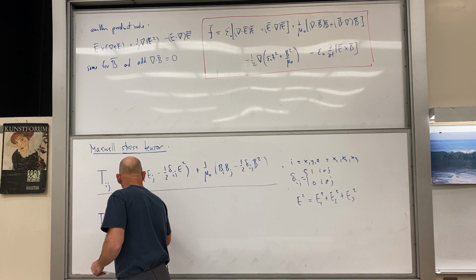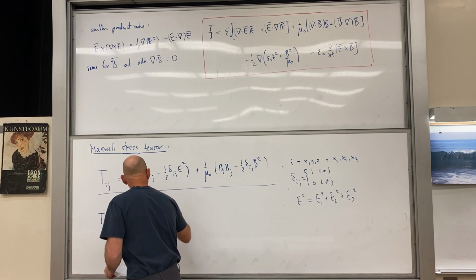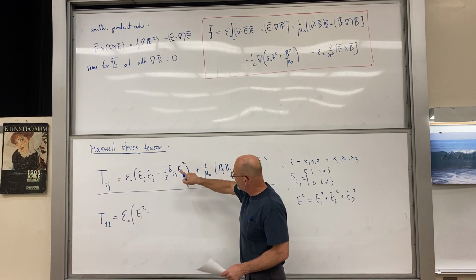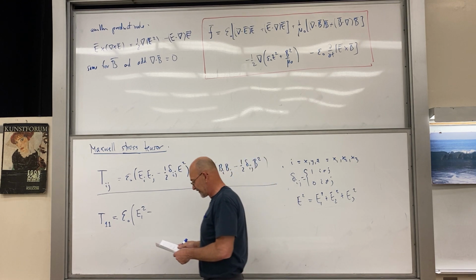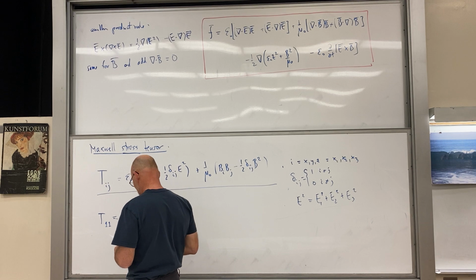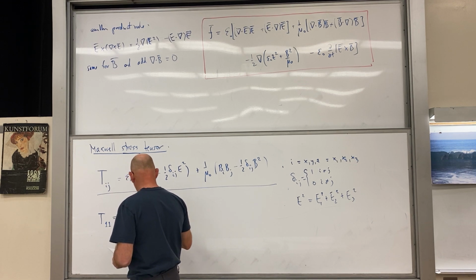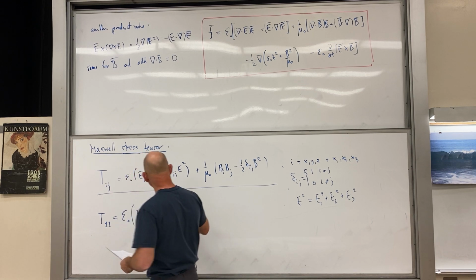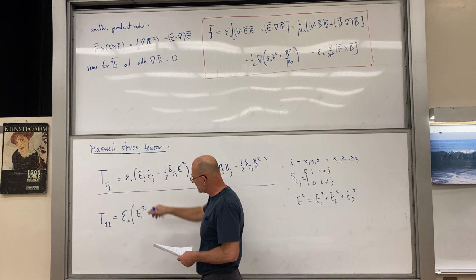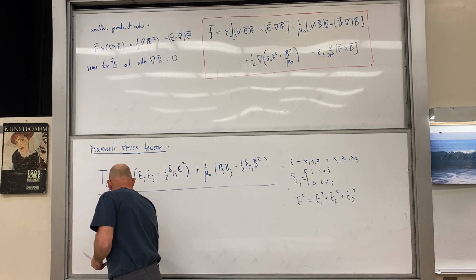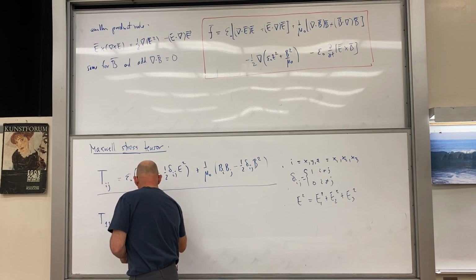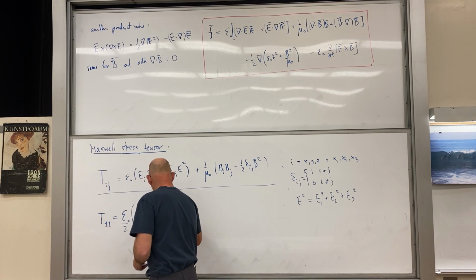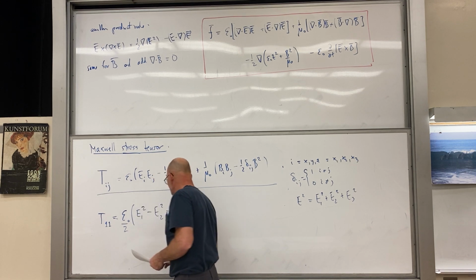So you have E1 squared minus 1/2 (E1 squared plus E2 squared plus E3 squared). We can pull the 2 out because of the 1/2 we're subtracting off. So we get epsilon naught over 2 times (E1 squared minus E2 squared minus E3 squared).